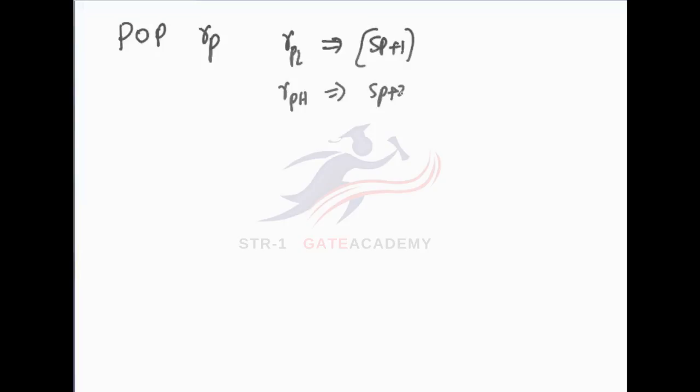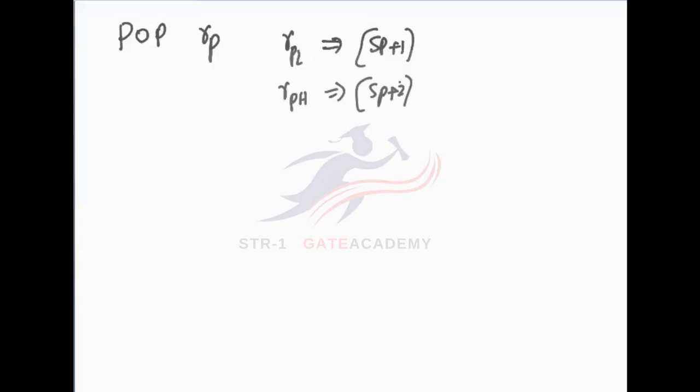Now similarly we have another operation, that operation is pop. Pop is exactly opposite to the push operation. Every pop operation, the register pair lower order is stored from stack pointer, and the register pair higher order is stored from stack pointer plus 1.